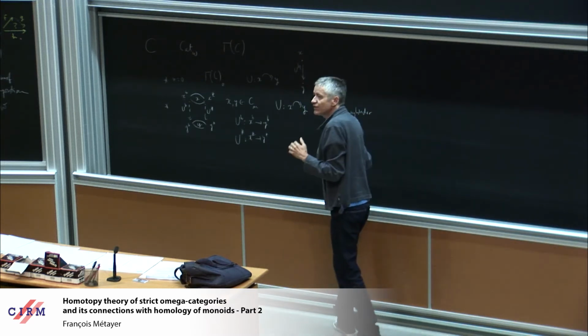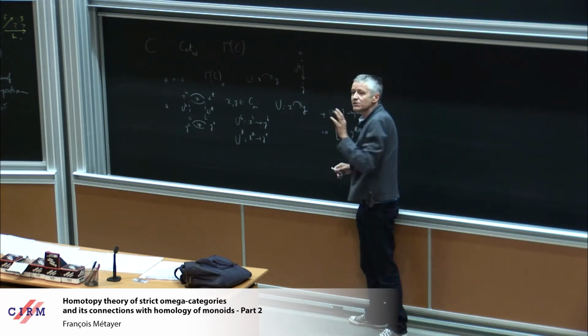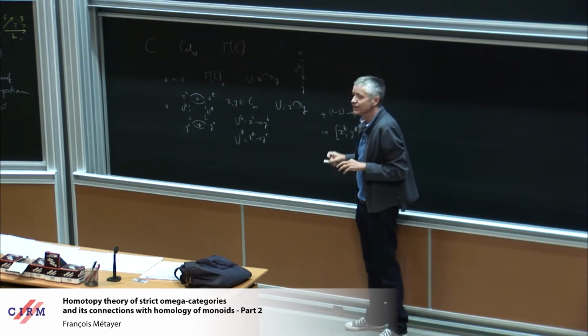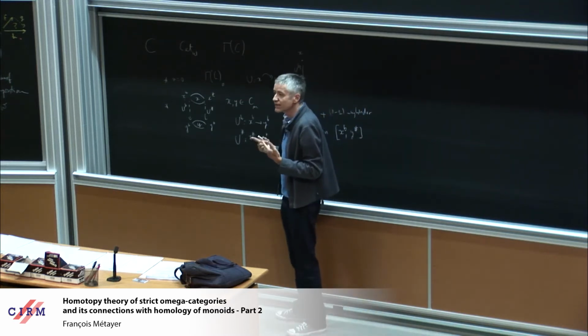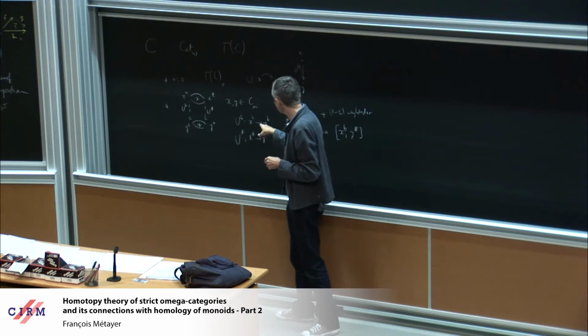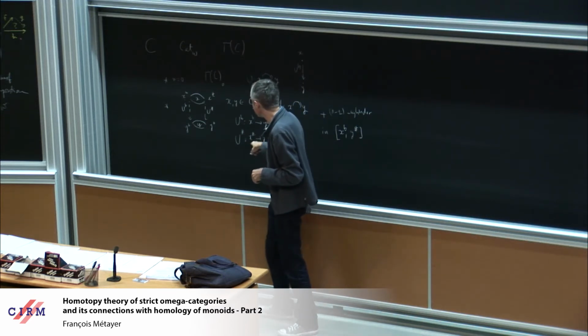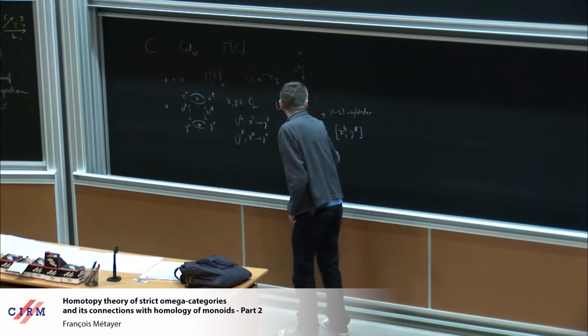Those have to be n minus 1 cells in this category, that is exactly an n cell in the original category, and this n cell is simply x.